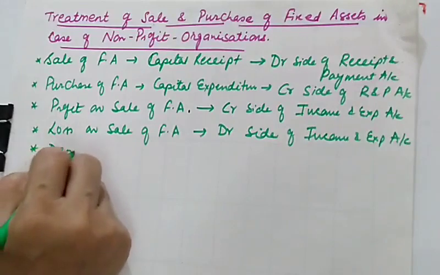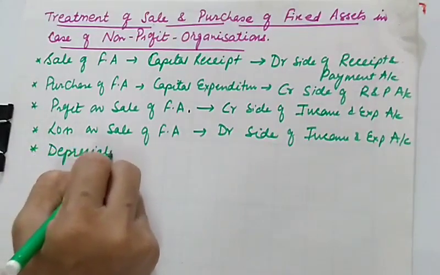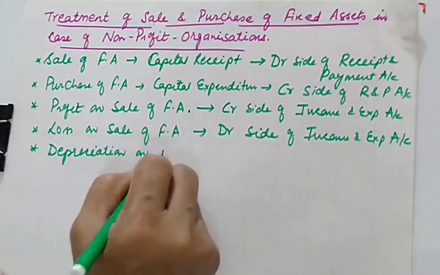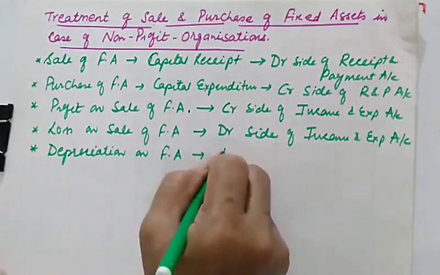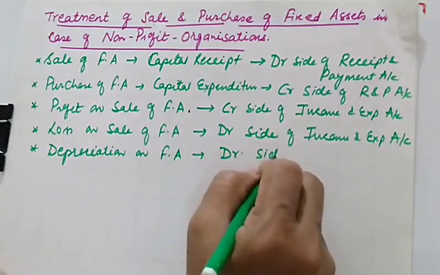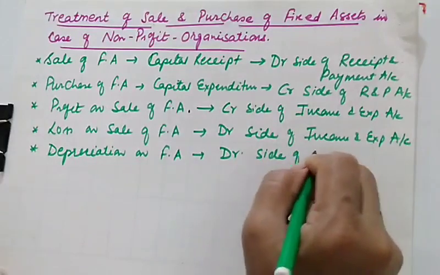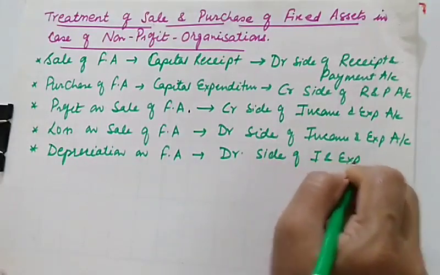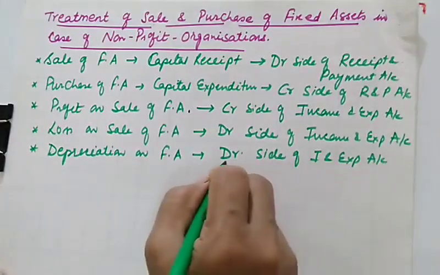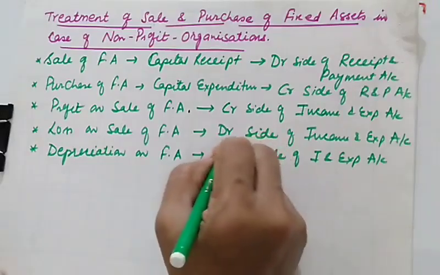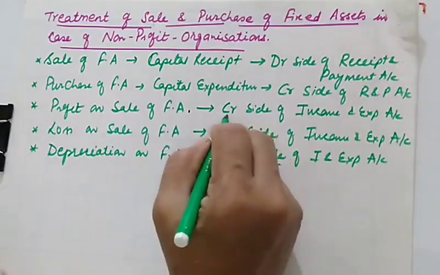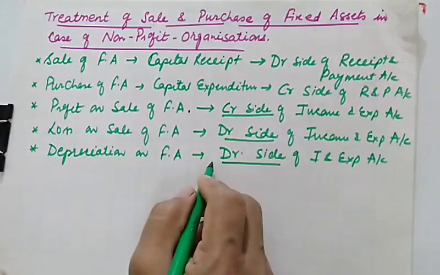So depreciation on fixed assets will also be debited through the debit side of income and expenditure account. Debit side of income and expenditure account means which side? Expenditure side. This will also be shown on the expenditure side, and this will be shown on the income side.